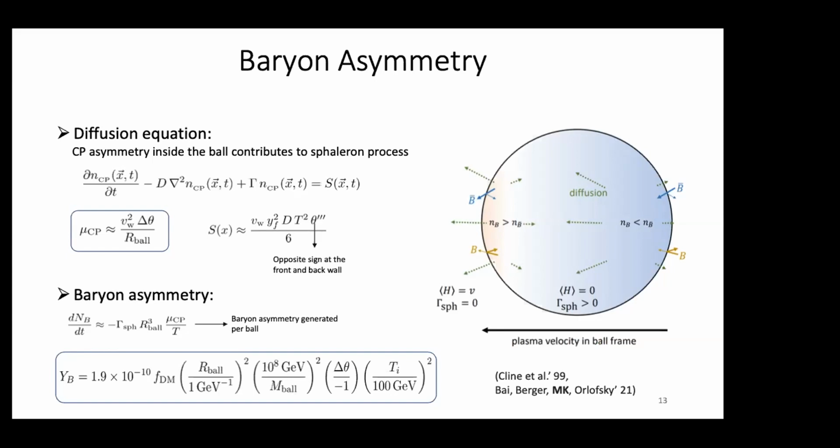The size of the monopole is 1 over GF, right? So here what we are saying is that G could be much smaller, and that is how you get larger objects. F could be larger, but G could be much smaller than that. It's almost like you are getting much bigger monopoles by reducing the W gauge boson mass.